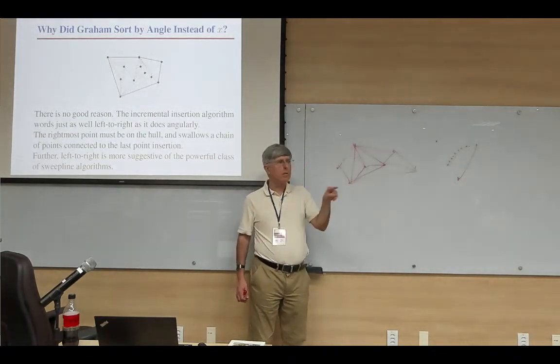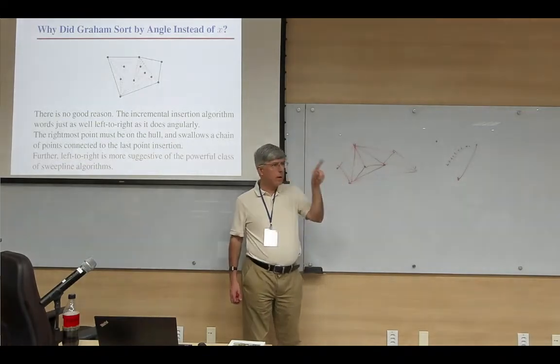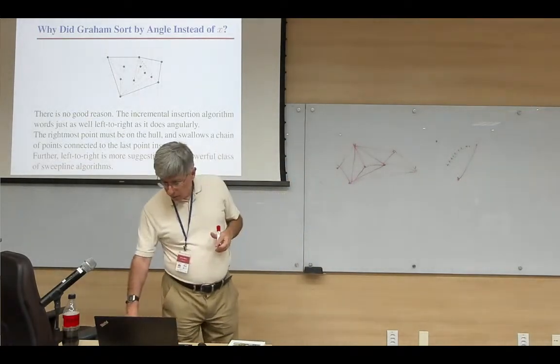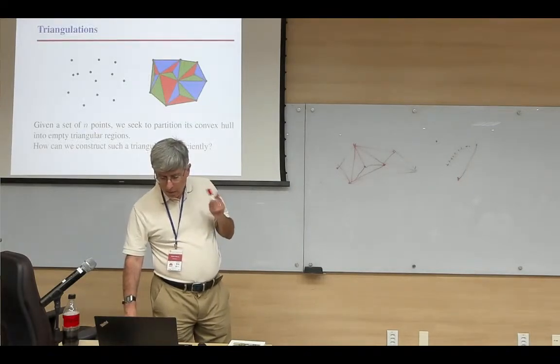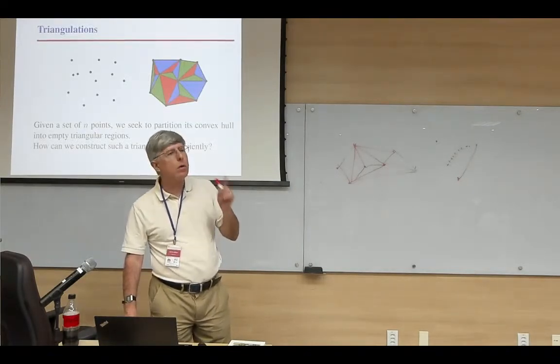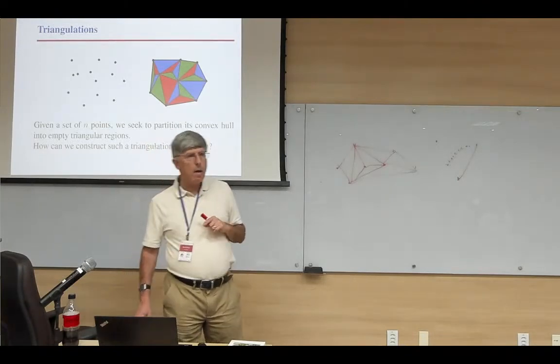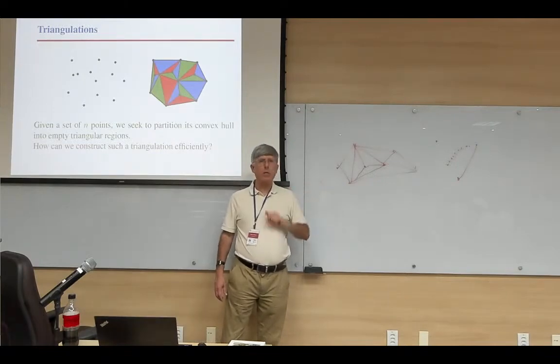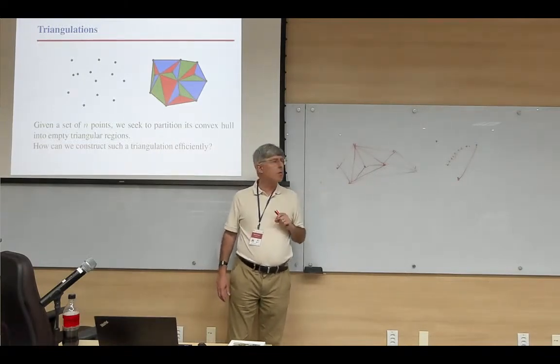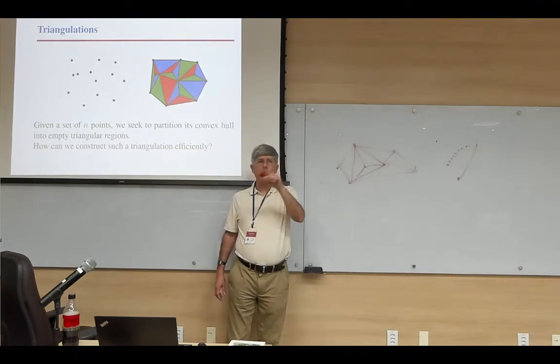Any questions about that? Okay? So triangulations are good things. And that is the easiest way I know to triangulate a point set. If we get far enough today, there's other ways of triangulating point sets which are important. But this is, I think, an easy thing to see. Any questions?